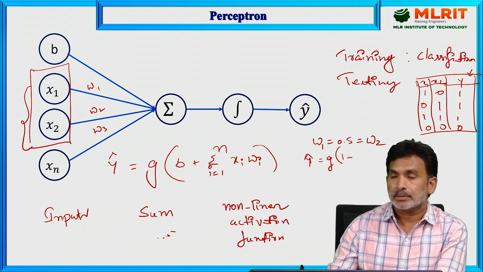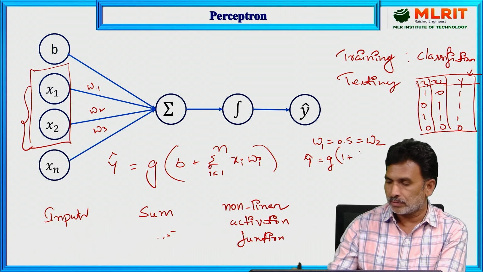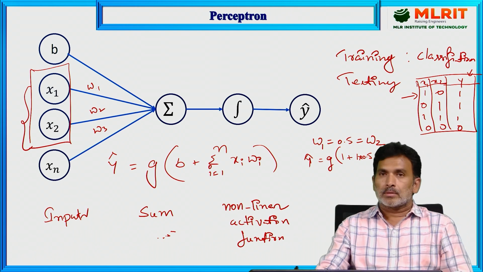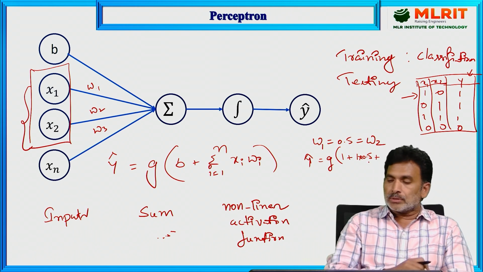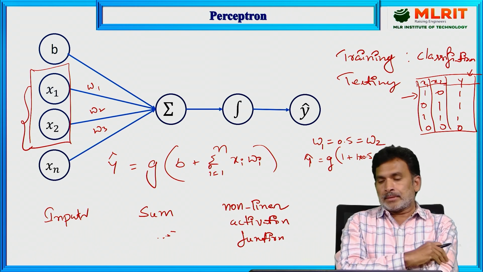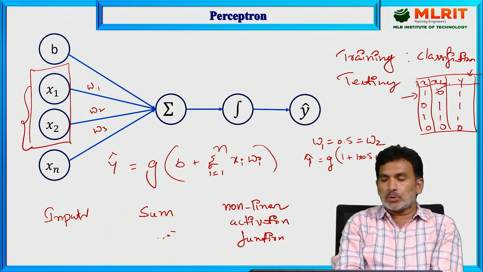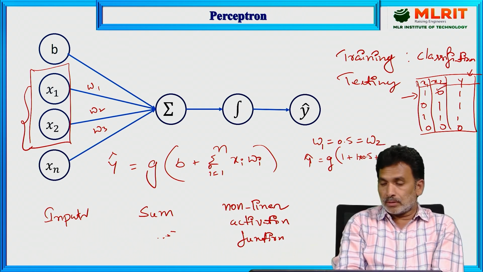Taking the first sample, x1 is 1, so 1 times 0.5, plus 1 times 0.5, plus the second input x2 equal to 0, so 0 times 0.5.